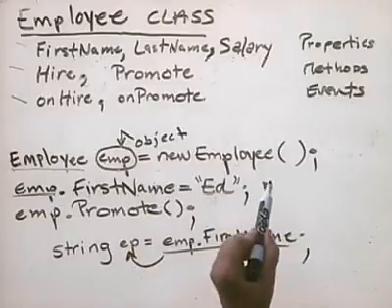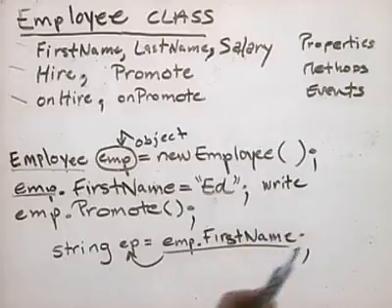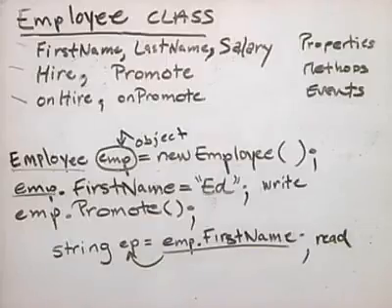So here I'm writing data to the property, and here I'm reading the property value. So don't forget, in general terms, a property stores data about the object. In this case, this property stores information about the employee's first name.